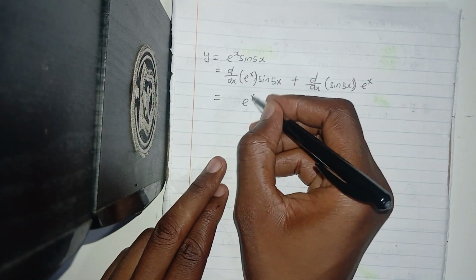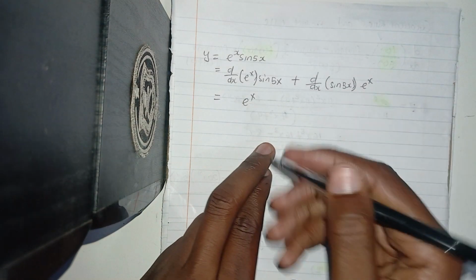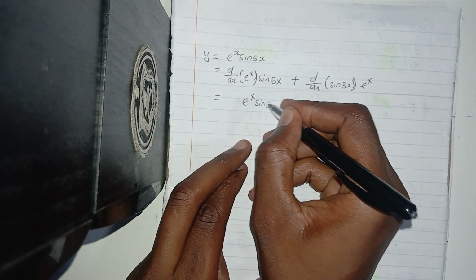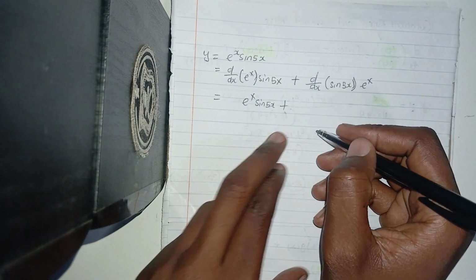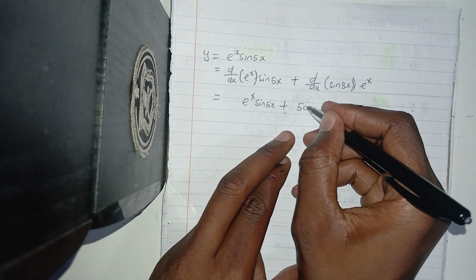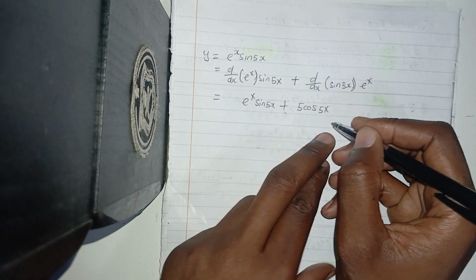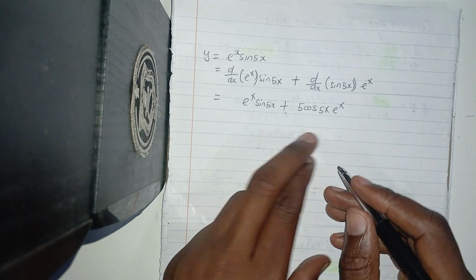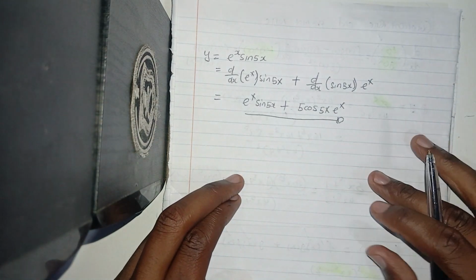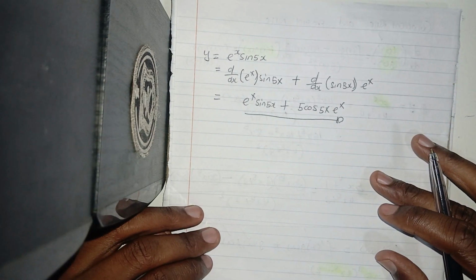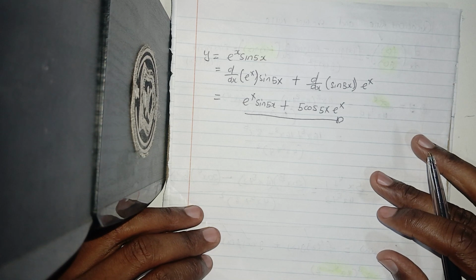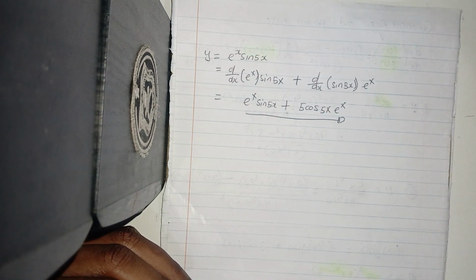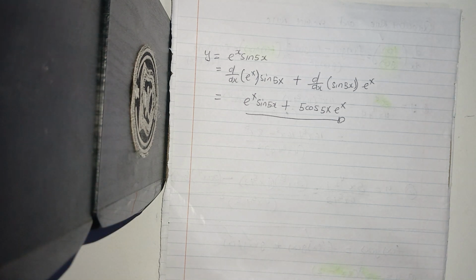The derivative of e to the power x is just e to the power x, then we multiply it by sine 5x, and plus the derivative of sine 5x is 5 cos 5x multiplied by the original of this. So this is the answer. As easy as that. This is the answer. So guys, it's very simple to derive this. You just have to play with the maths.